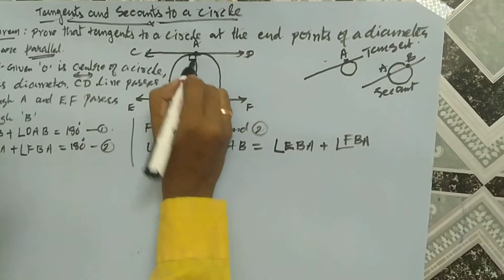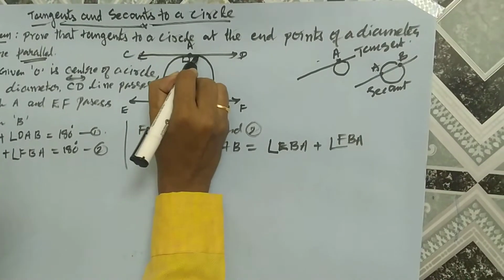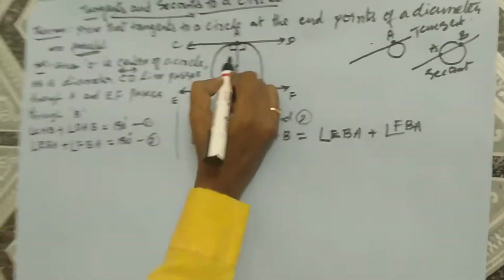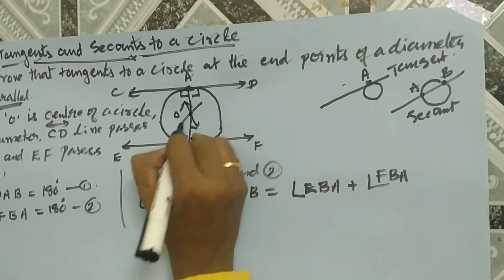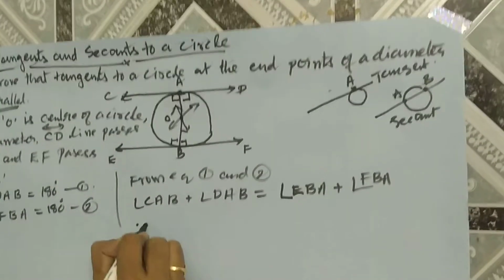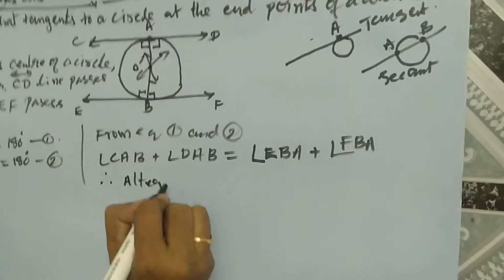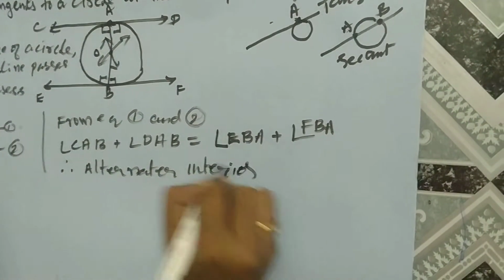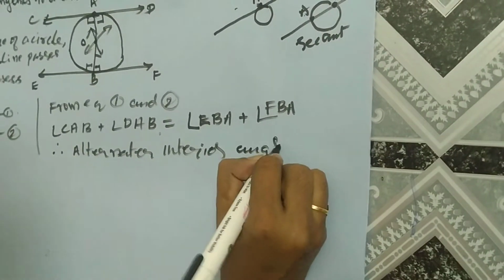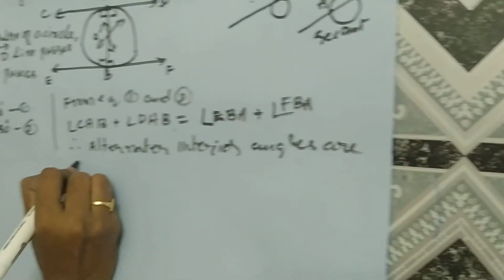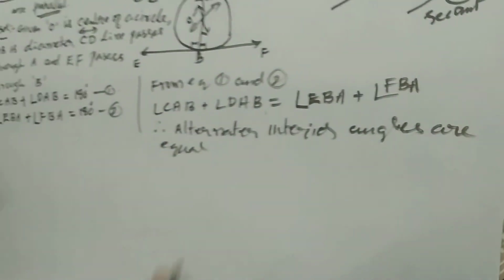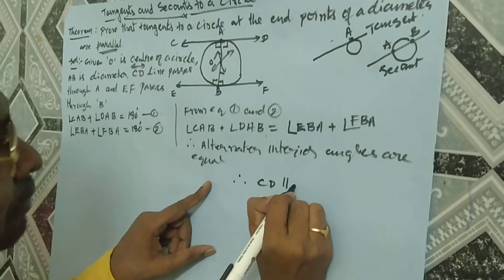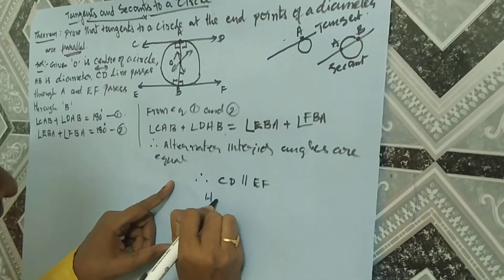That means this angle is equal to this angle and this side angle is equal to this side angle. So alternate interior angles are equal. When the alternate interior angles are equal, we know that the two lines must be parallel. CD is parallel to EF, hence proved.